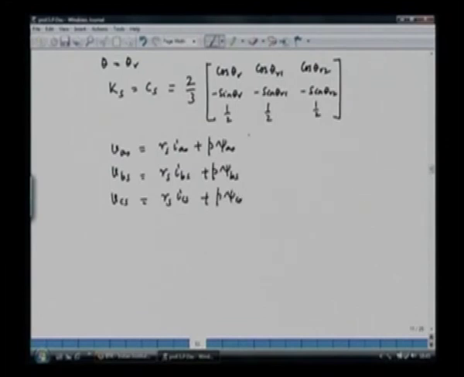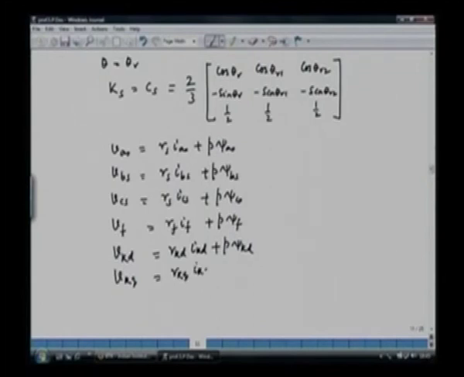Now we have 3 phases and 3 equations, and we also have VF equal to RF IF plus P psi F, VKD equal to RKD IKD plus P psi KD, and VKQ equal to RKQ IKQ plus P psi KQ.